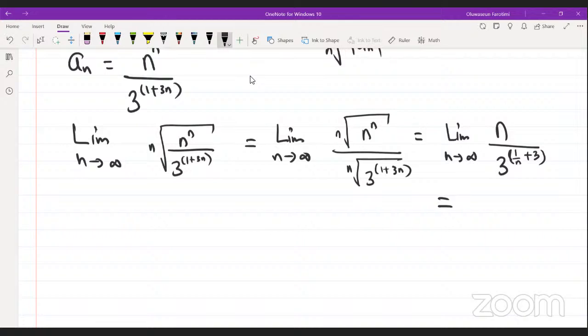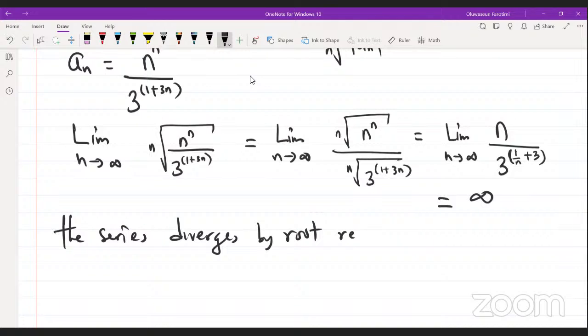As n goes large, 1 over n will go to 0, right? So you have 3 to the power of 3 on the bottom, but on the top you have infinity. So that's going to be undefined. So the conclusion: the series diverges by the root test.